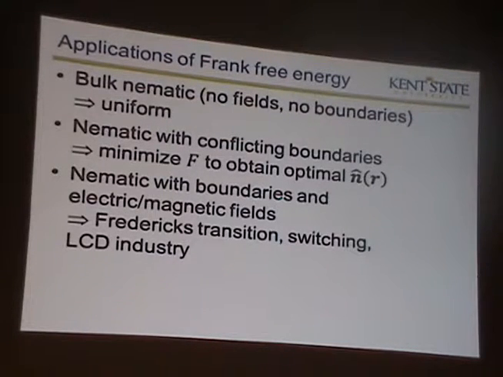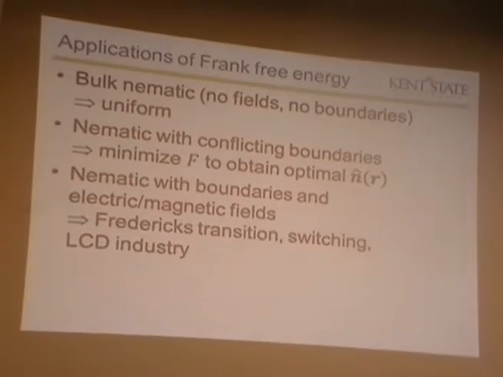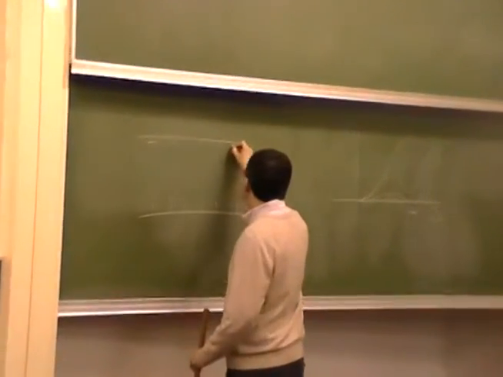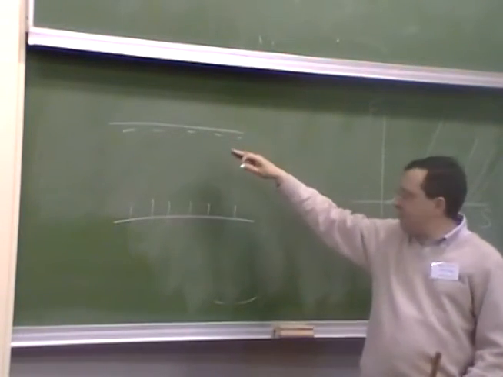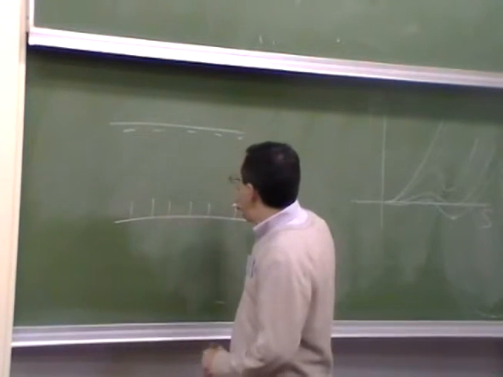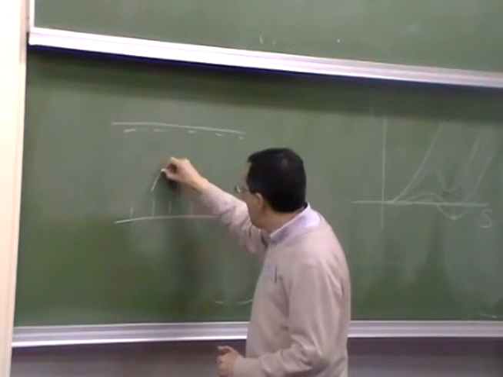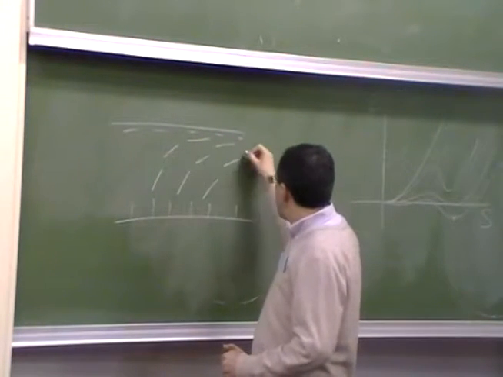If there are conflicting boundaries, like I can draw it here, can I have the lights again, please, Kristen? If there are conflicting boundaries, if you had some cell with, say, hybrid alignment, like that, so that it's homeotropic on the bottom and planar on the top, then there would have to be some profile of the director as a function of position, where it would be gradually rotating over like this.